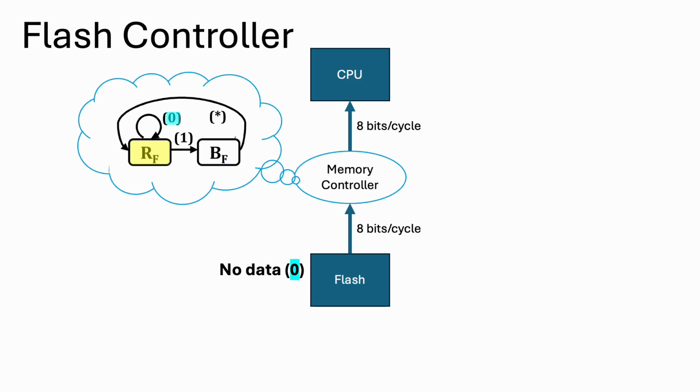And while there's no data, the memory controller will just stay in this ready state, but as soon as there is data, which is indicated by this valid bit of 1, then it will transition into a busy state and therefore no longer be capable of accepting another input. And then in the next cycle, when it communicates that to the CPU, it will then go back to a ready state and be ready for taking an additional input.